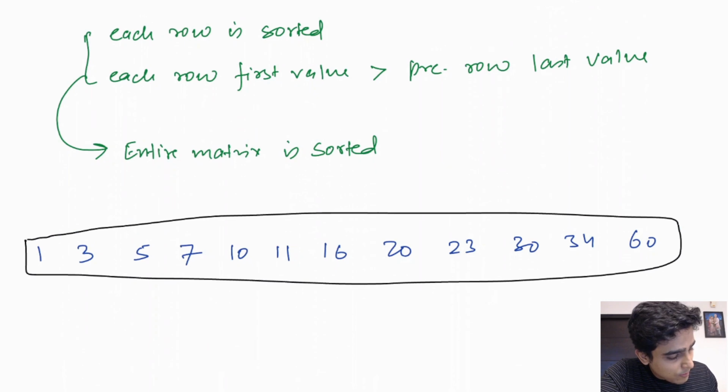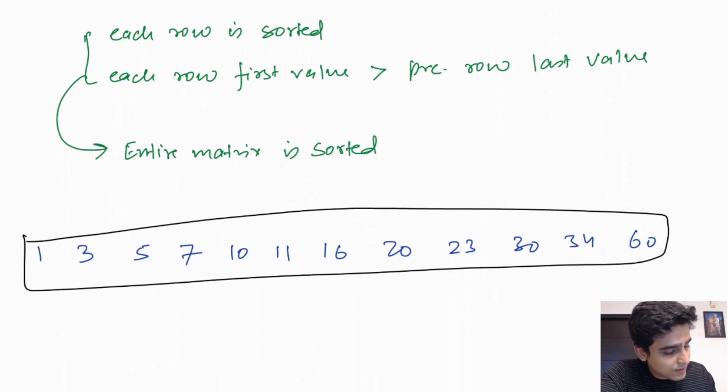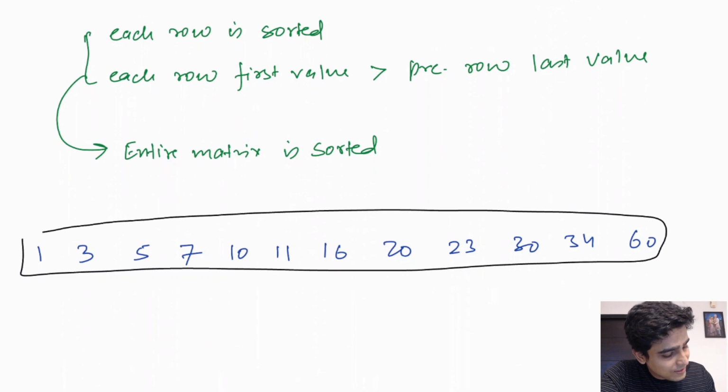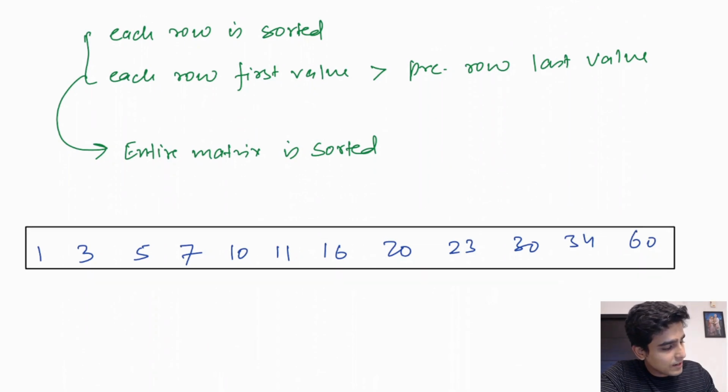But the problem is we are not given a 1D array, we are given a matrix. So can we convert this matrix into a 1D array? Actually, let's index this. So what will be the index of the array if it is a 1D array? So this is the index.